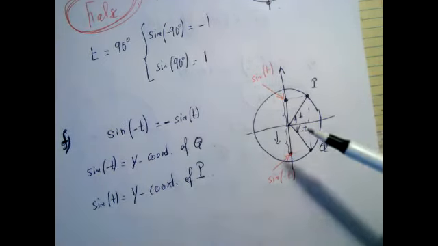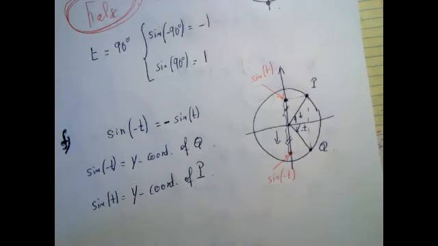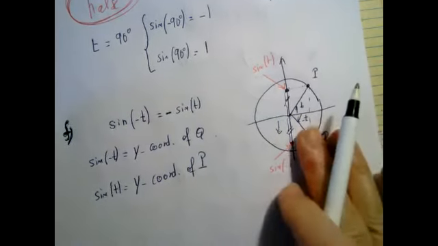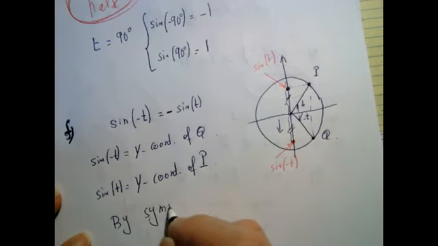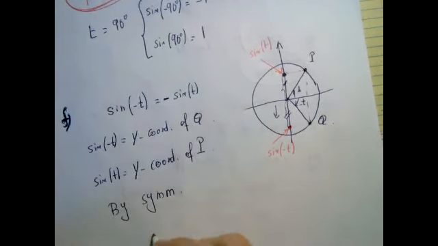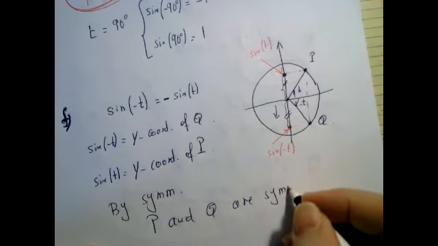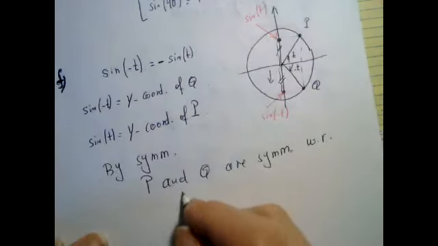Now, if we use the symmetry of the circle, those two are equal in length. One is positive and one is negative, again by symmetry of the unit circle. So by symmetry, P and Q are symmetric with respect to the y-axis.